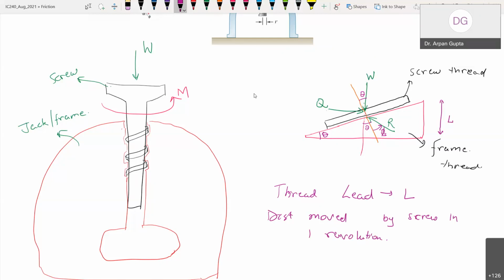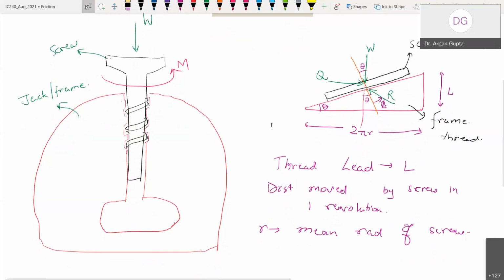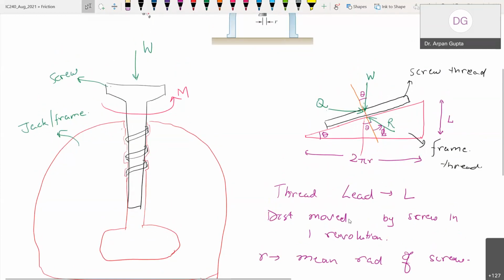So that is L. And since we are considering one thread, this distance is going to be 2 pi r, where r is the mean radius of the screw. So these are two parameters for a thread which will be given to you: the mean radius of the screw and its lead.